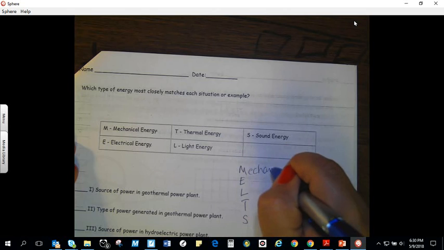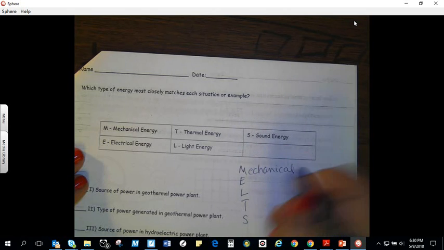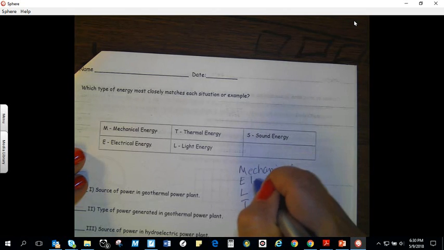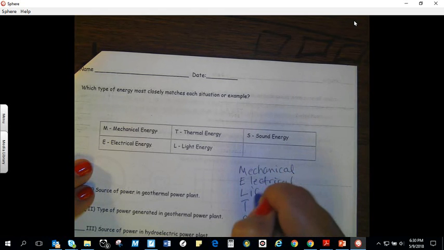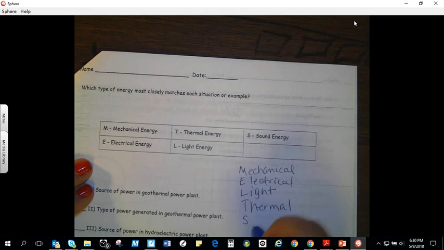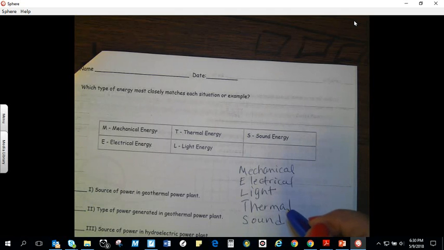This is in the science doodles we have, and it's in your science journal. And this is the electrical. And this is light. This is thermal and sound.